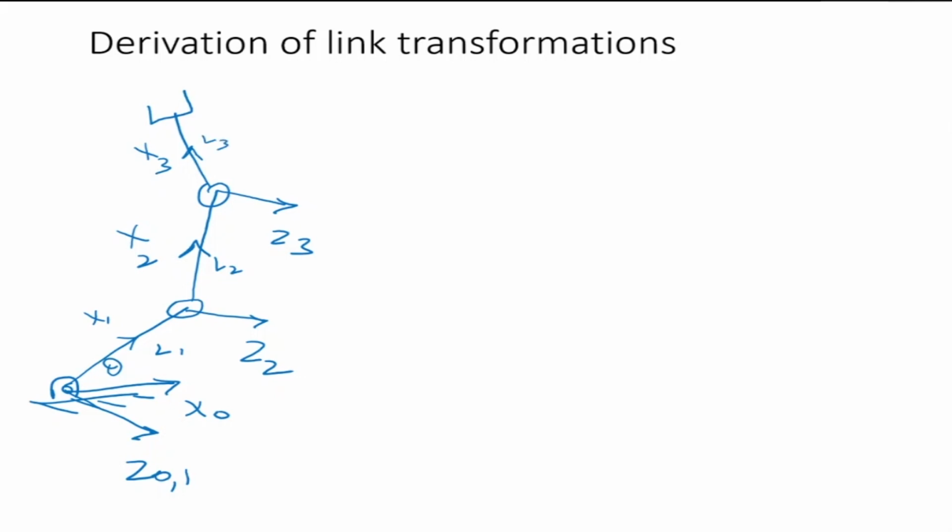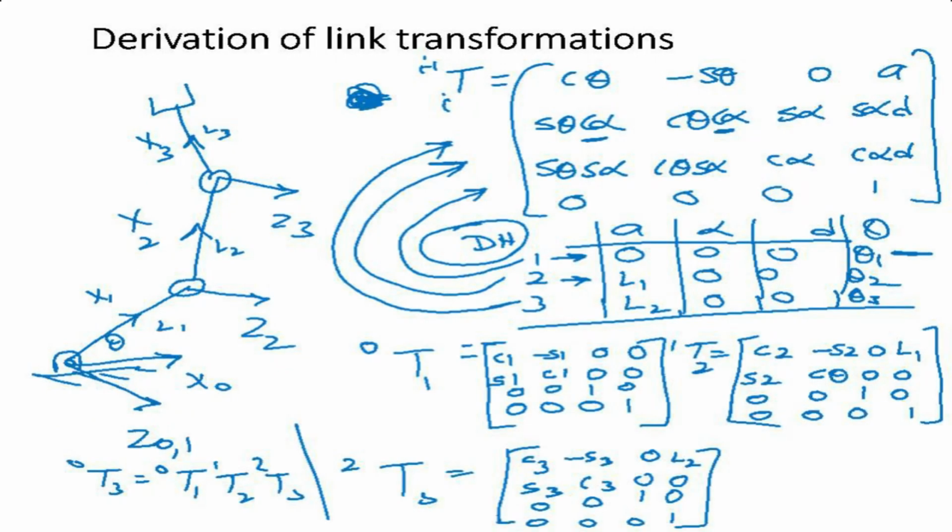What is the generalized matrix? The generalized matrix T, which takes you from one frame to another frame, is equal to: cos theta, minus sin theta cos alpha, sin theta sin alpha, A cos theta in the first row; sin theta, cos theta cos alpha, minus cos theta sin alpha, A sin theta in the second row; 0, sin alpha, cos alpha, D in the third row; and 0, 0, 0, 1.